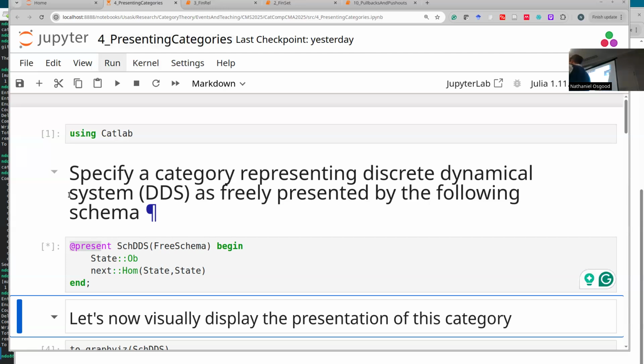There's going to be a category, and we're going to characterize it in terms of what are called generators and relations. The generators here are descriptions of the objects. Here there's just one object called state, and the morphisms, these arrows.